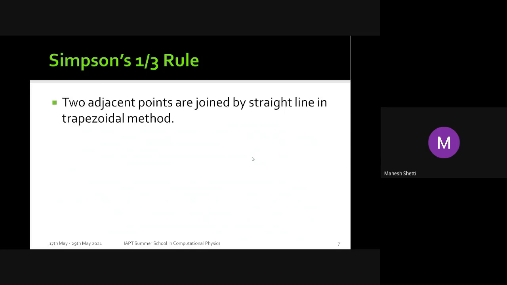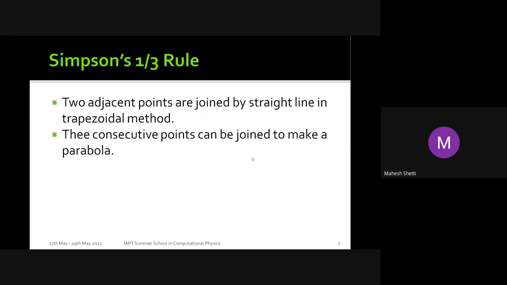What this says is, see, in trapezoidal rule, what you had done, you had connected the two adjacent points, made it a straight line, so that entire column was becoming a trapezoid. In Simpson's 1/3 rule, instead of connecting adjacent 2 points, you take 3 consecutive points and you join them to make a parabola.